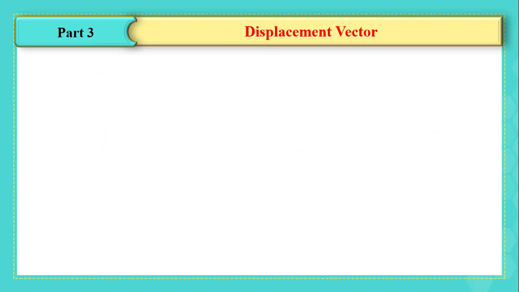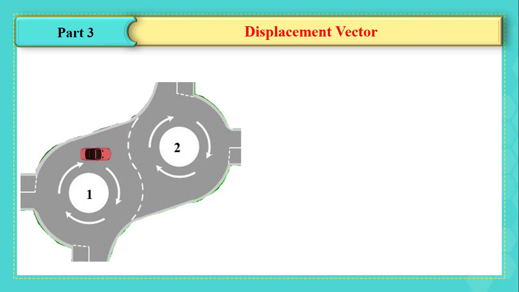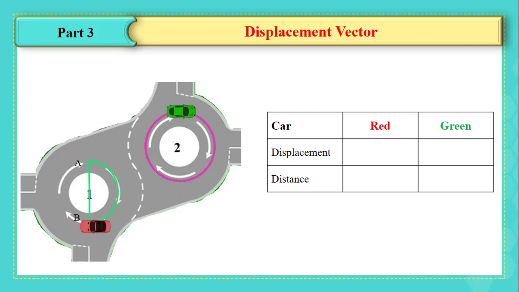Let's consider the following example. 2 cars, one in red and the other one in green, are moving on 2 roundabouts, 1 and 2, having the same radii. While the green car moves a complete cycle, the red car moves half the cycle, or half a circle. Now, let's see the difference between the displacement and the distance for each of the cars, red and green.